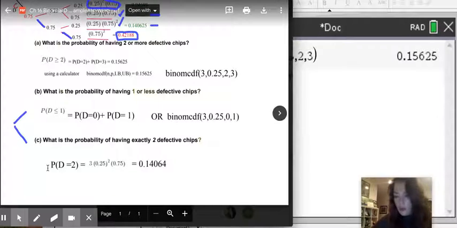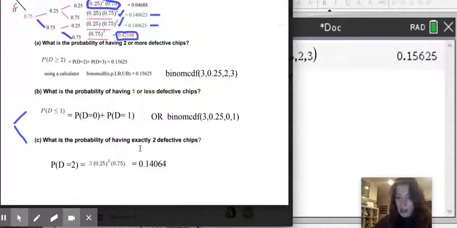Now for the last one, where it asks you to find what is the probability of having exactly 2 chips. Well, this is different. If you're using your calculator, the CDF represents cumulative and PDF is exactly at that point.